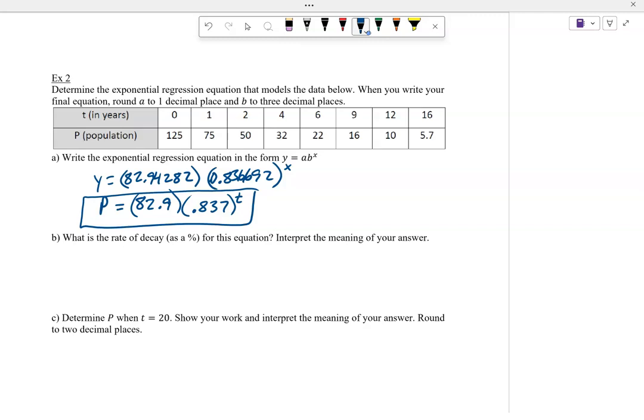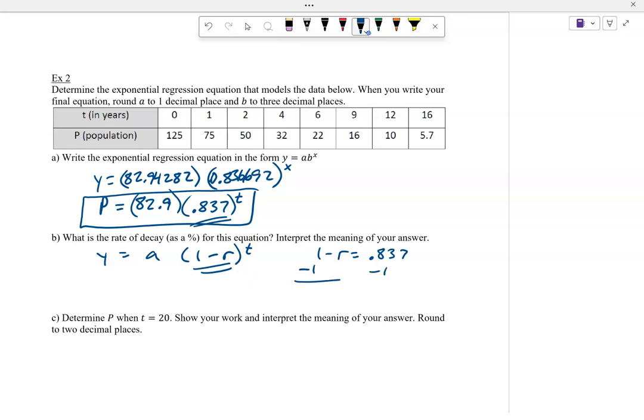Now it says, what is the decay rate? Well, you remember how we had a times 1 minus r to the t for something that's exponentially decaying, right? So what's my r? Well, if 1 minus r equals that 0.837, let me solve for r.